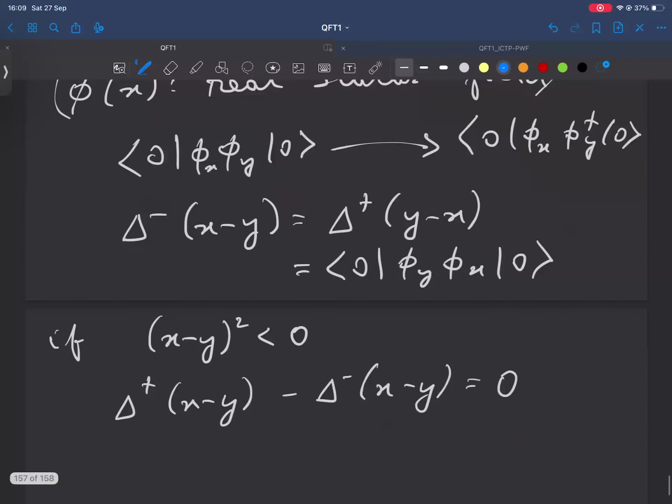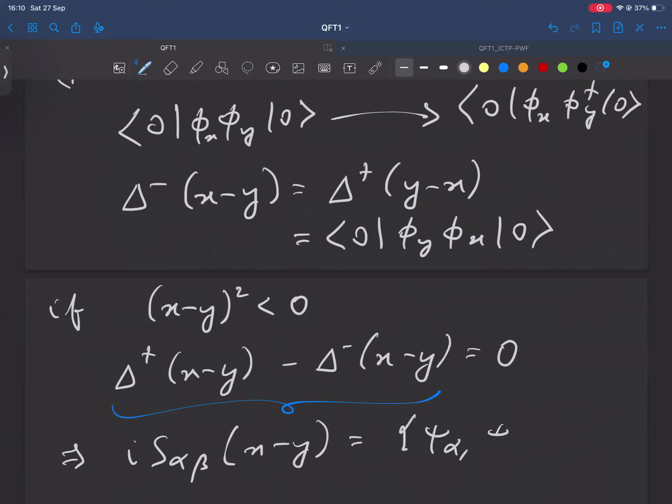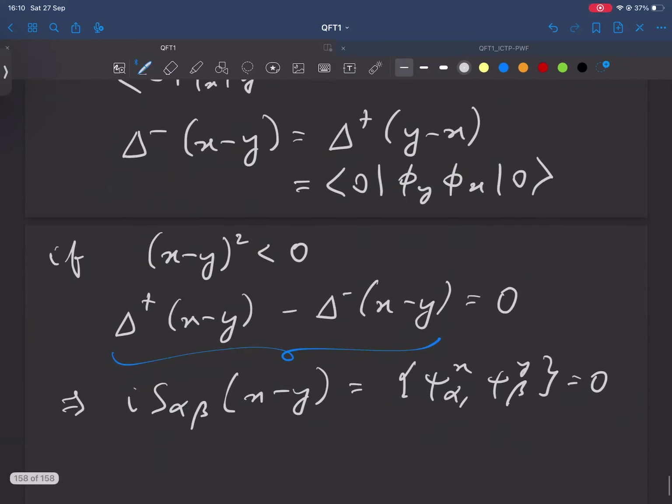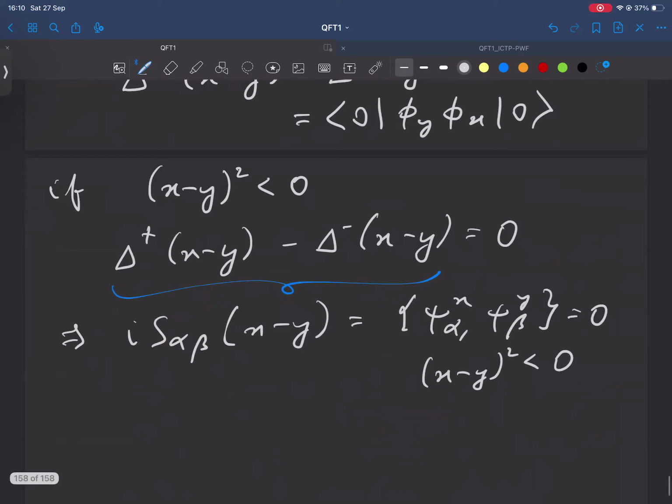But these functions themselves, their difference vanishes for space-like separations. So what we get is this quantity, which was these anti-commutators of x and y, and this is zero for space-like separations. So it means that things are still fine.